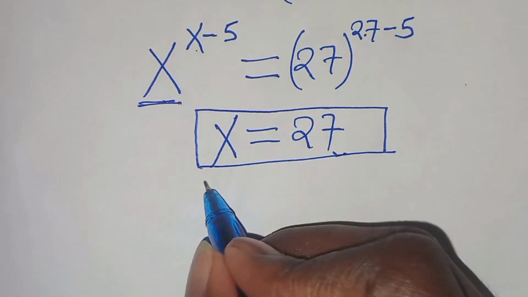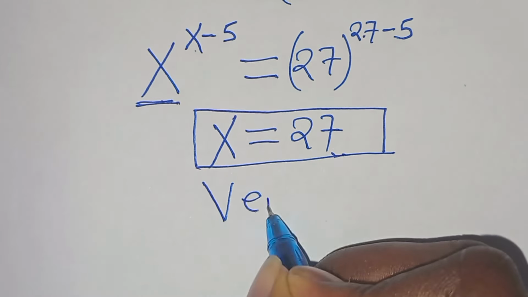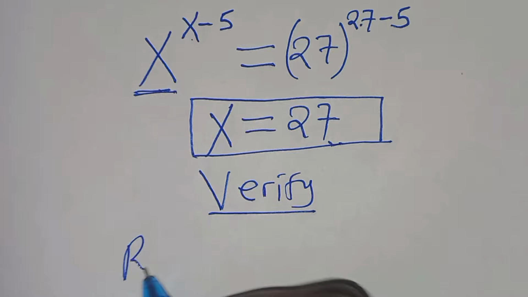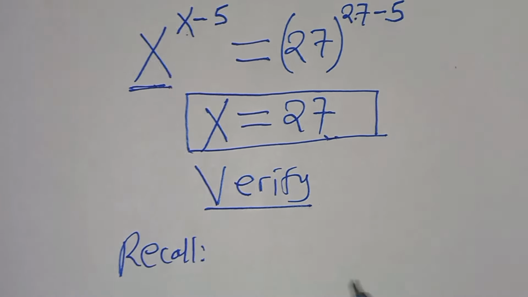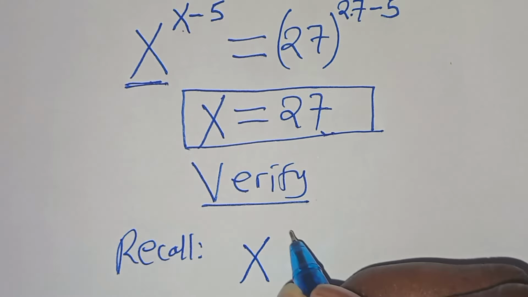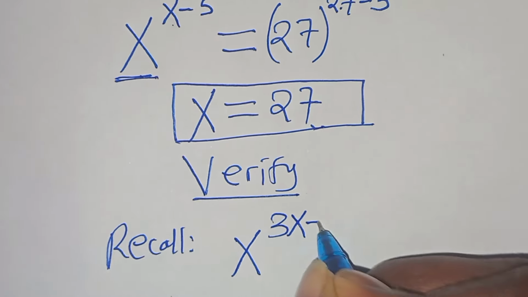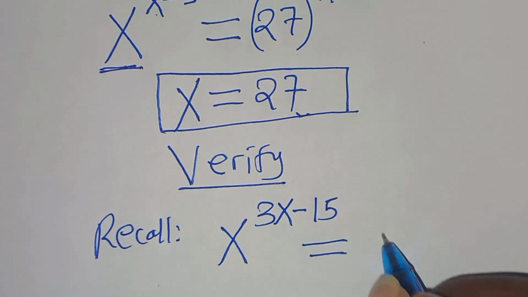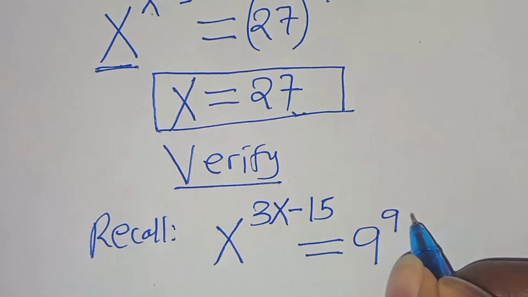Now let's verify that this value of x satisfies the equation. So if you recall, we have x to the power of 3x minus 15. This is supposed to give us a value of 9 to the power of 99.